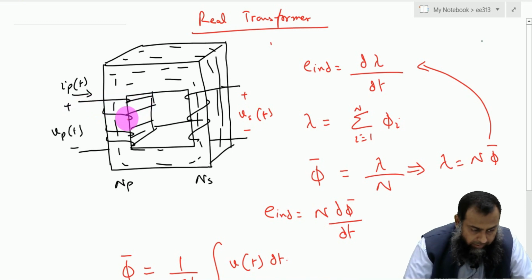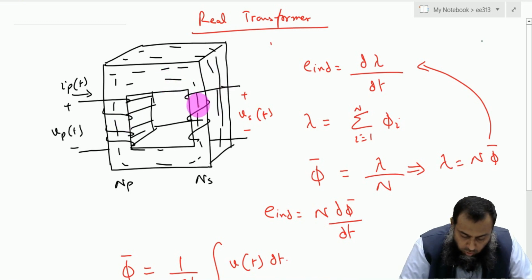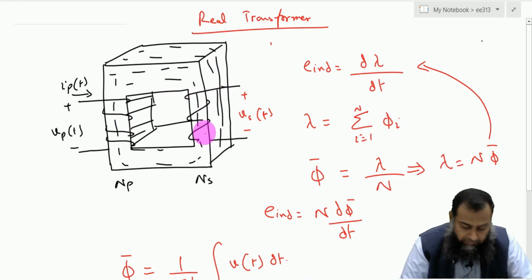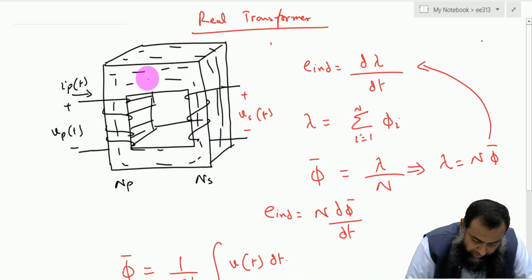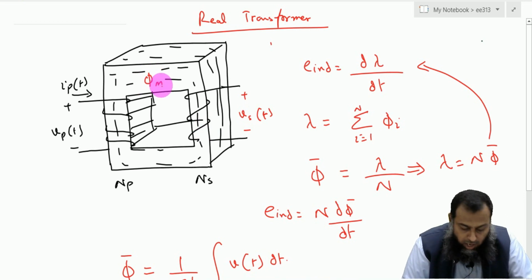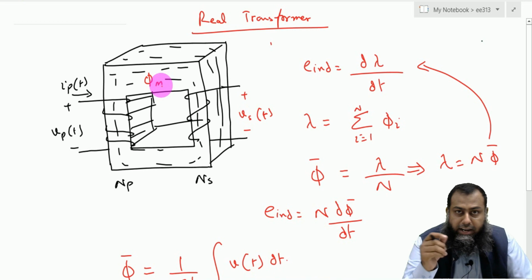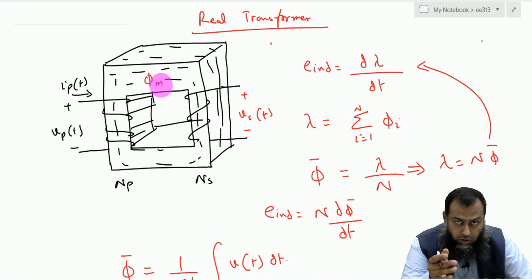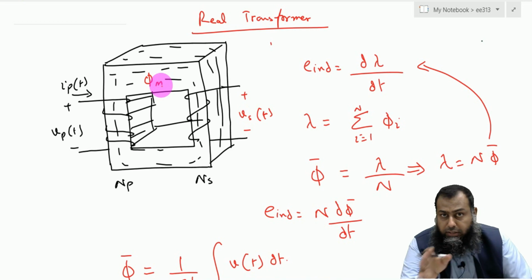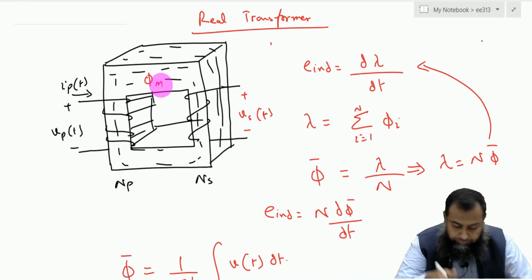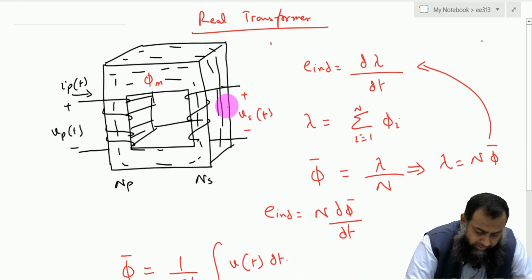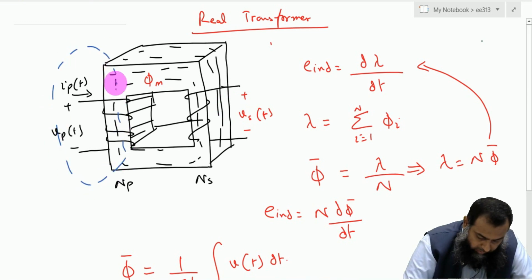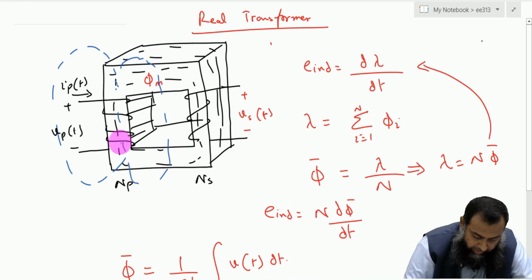As a result, we have some flux which is mutually linked with the core as well as the secondary winding, and we call this φm, the mutual flux. However, because of the non-ideality of the core, some of the flux is not linked with the core or with the secondary winding. Rather, that flux is found outside in the air in this direction.